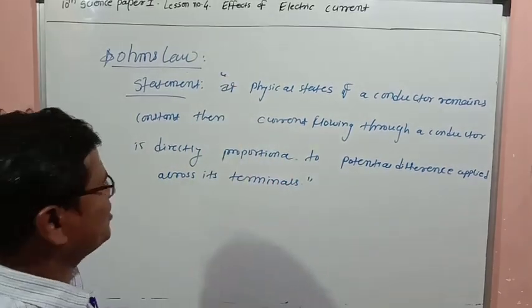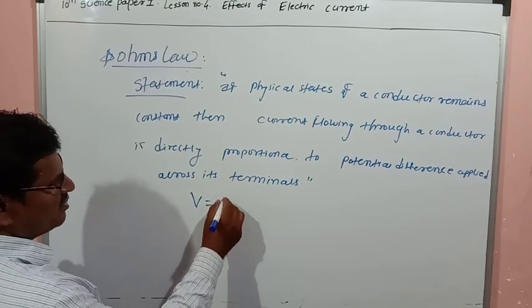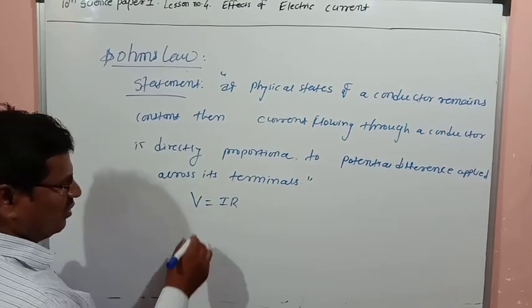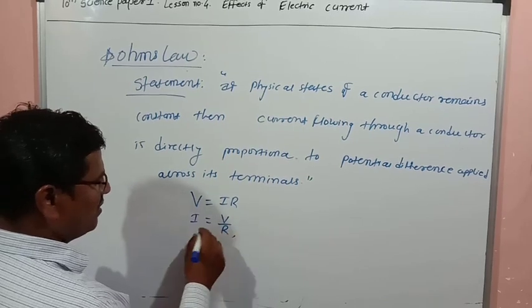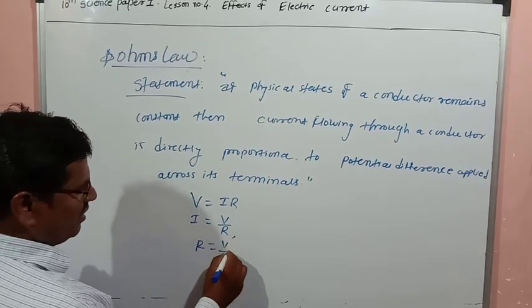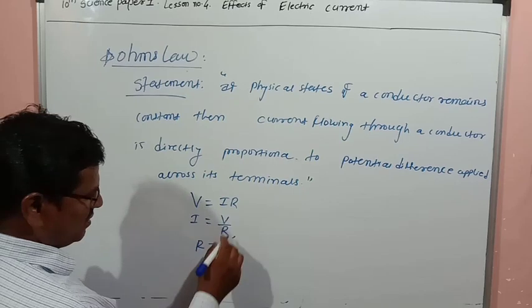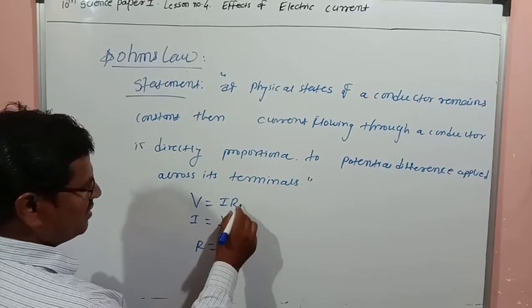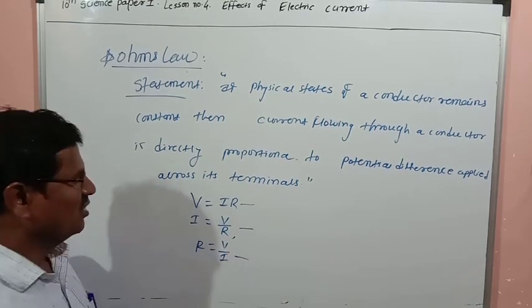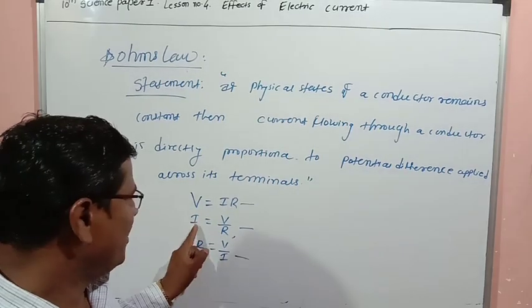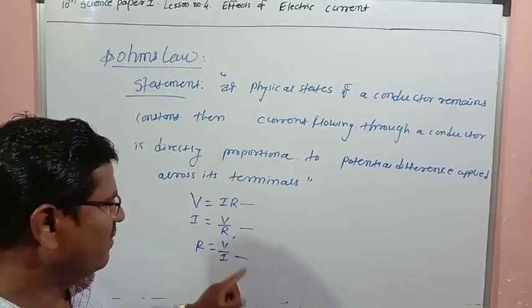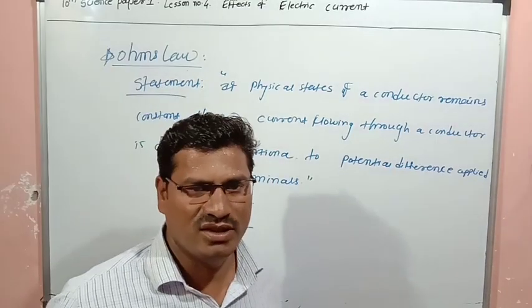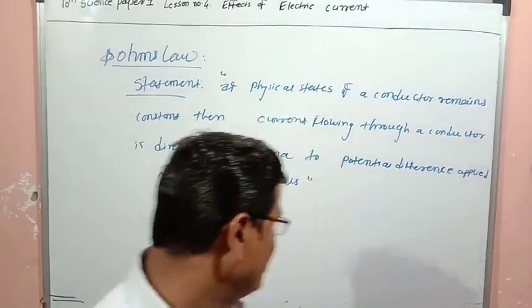According to this law, V is equal to IR, or I is equal to V upon R, or R is equal to V upon I. These three relations you have to remember.